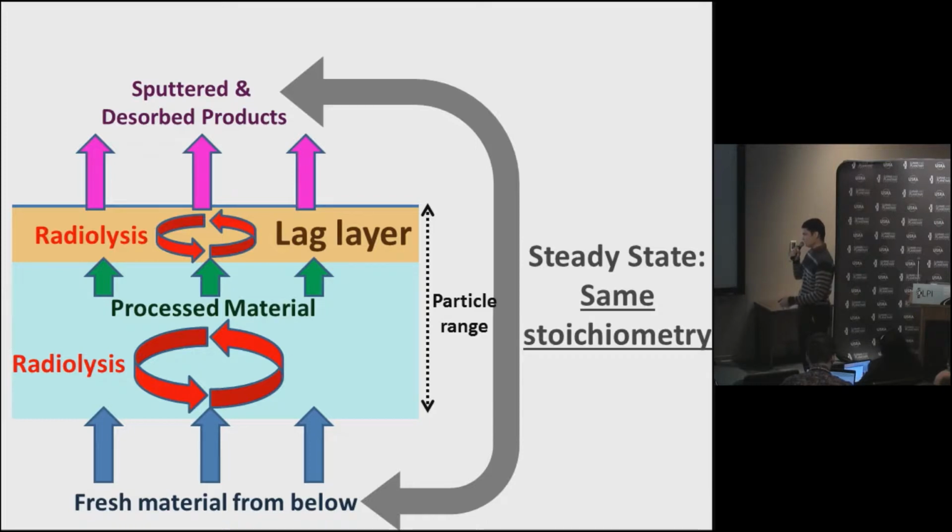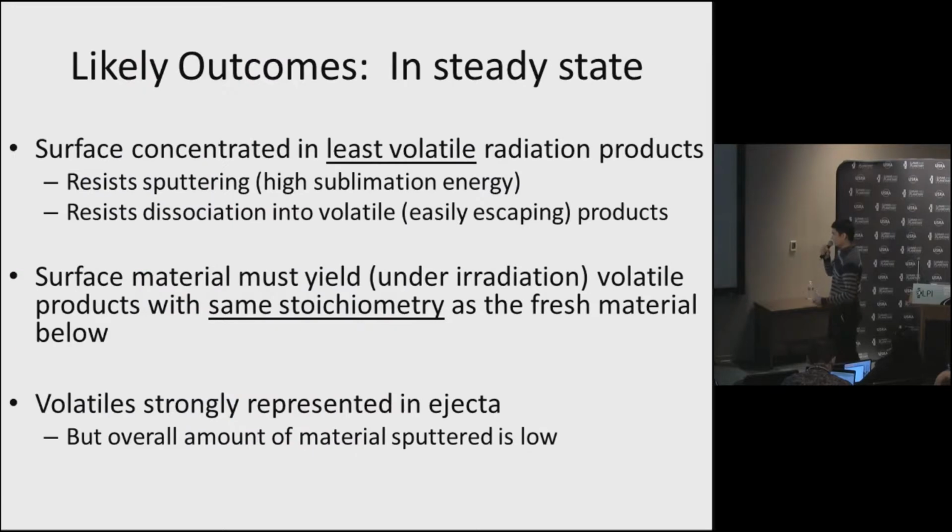So the relative numbers of carbons, oxygens, hydrogens, and so on in the underlying material should be reflected in the composition that's sputtered. That's not to say that the molecular composition will be the same. The atoms are being rearranged in this process, but the elemental composition should be tied to the material below.